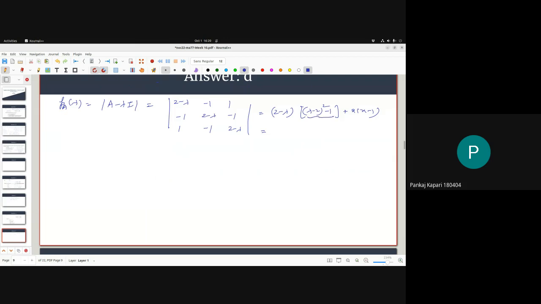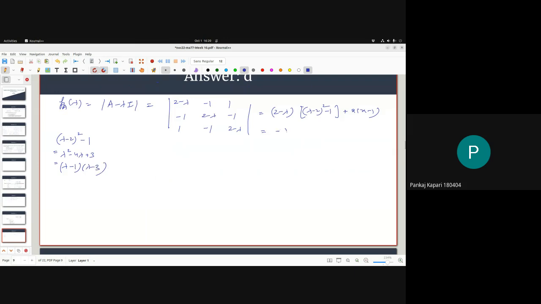So what is this particular factor? Let's solve it here in the corner. Lambda minus 2 whole square minus 1. This is lambda square minus 4 lambda plus 4 minus 1, which is plus 3. And then we can again factor it. This is lambda minus 1 into lambda minus 3.